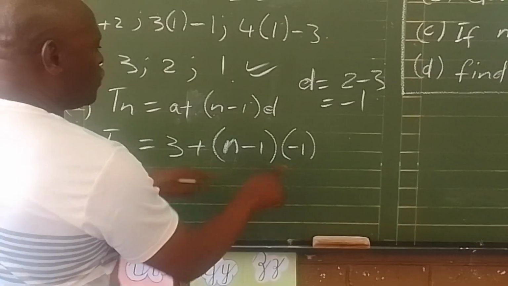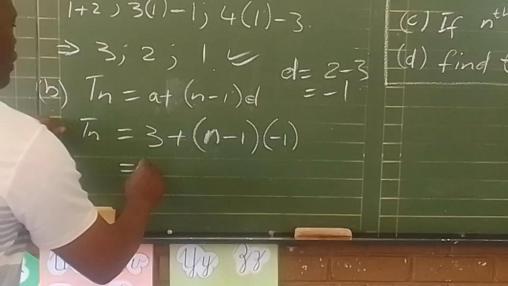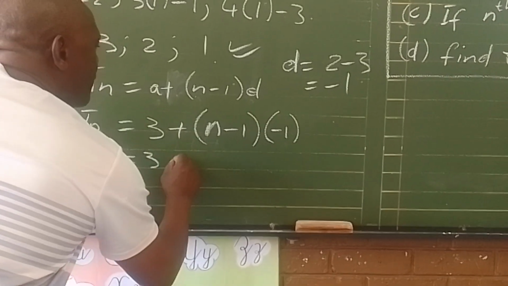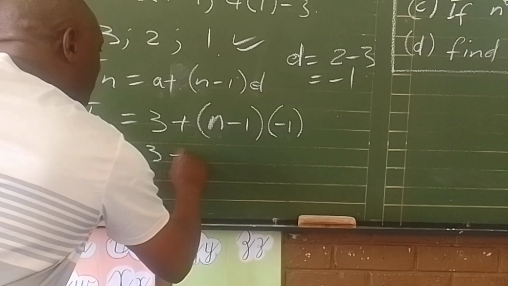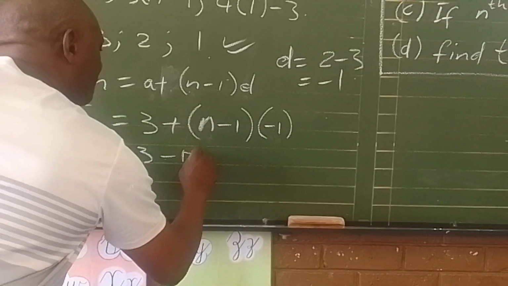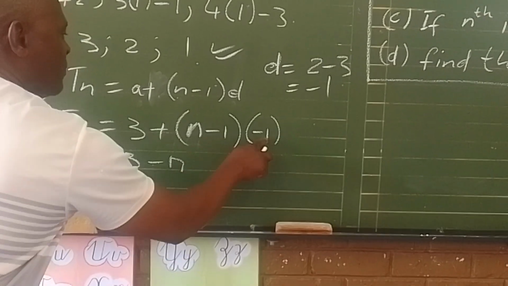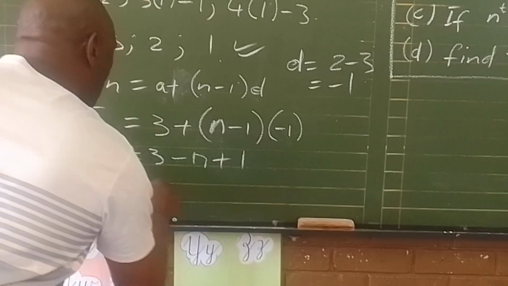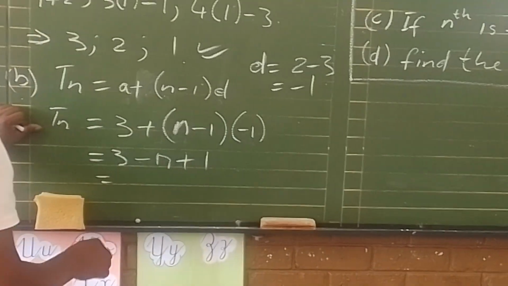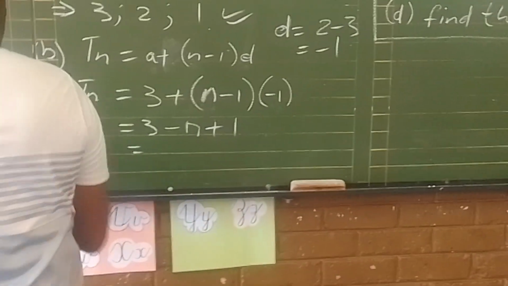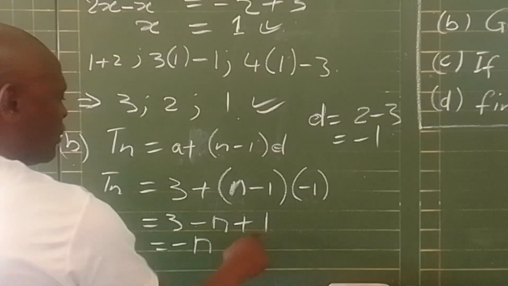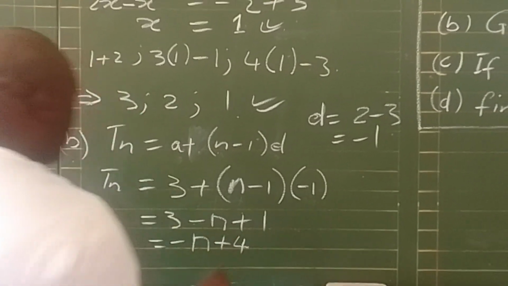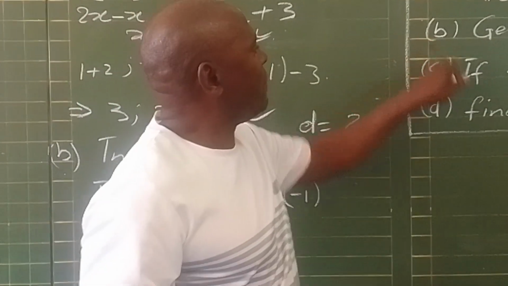Minus 1. Distribute this minus 1 into this bracket. You have 3 minus 1 times n. Minus 1 times n is minus n. Minus 1 times minus 1 is positive 1. So you have a negative n, 3 plus 1 is 4. Now we have solved B.